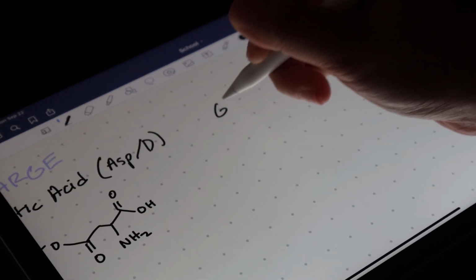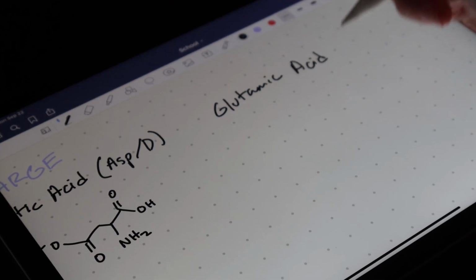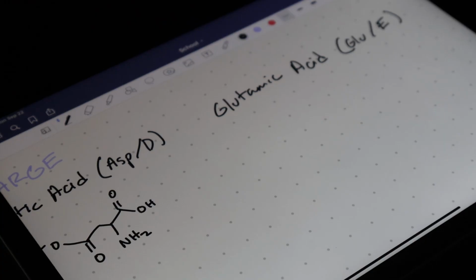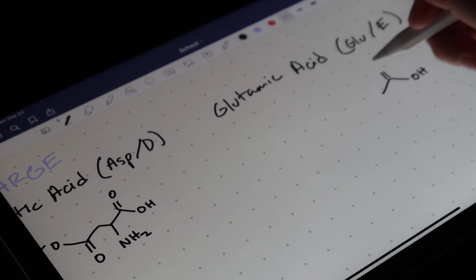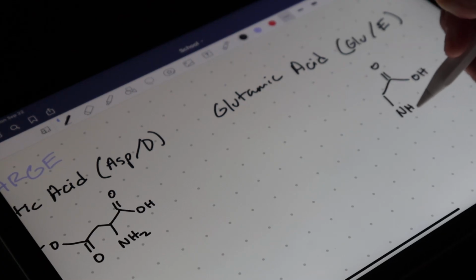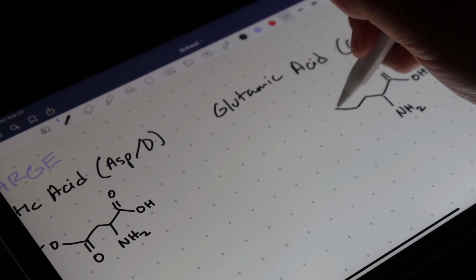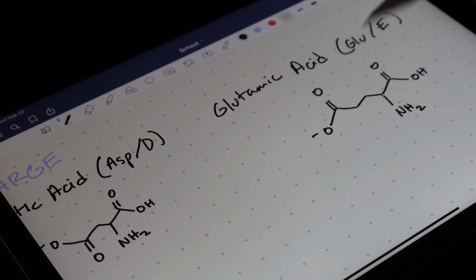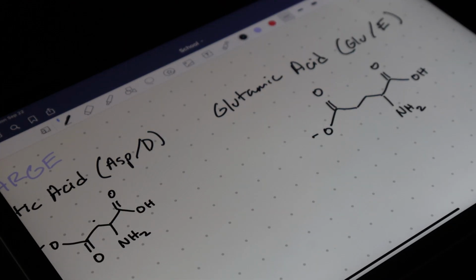And then our last is glutamic acid, which is GLU or E. And this one is fortunately super similar to aspartic acid. It is just 1 carbon longer. So instead of having 2 carbons connected to that central one, you have 1, 2, 3.